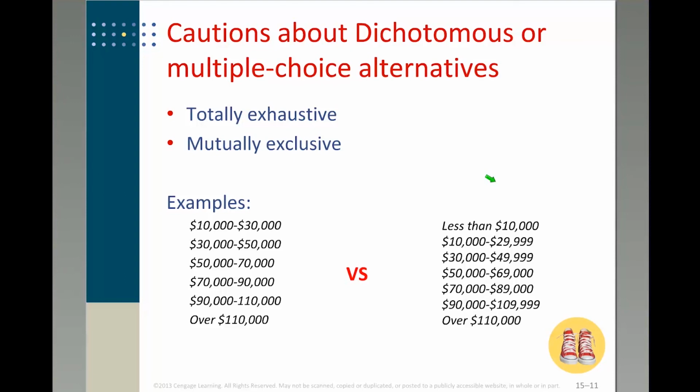You're excluding some choices for your respondents to answer. That's what we mean. We want it to be totally exhaustive, meaning you include every potential answer.